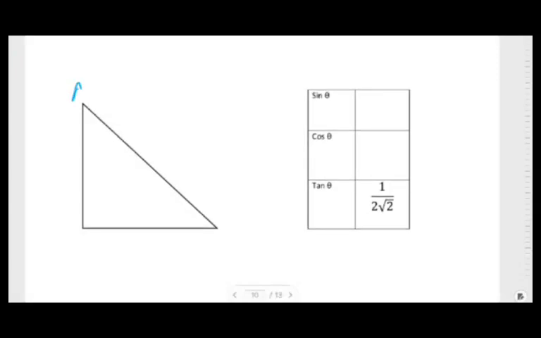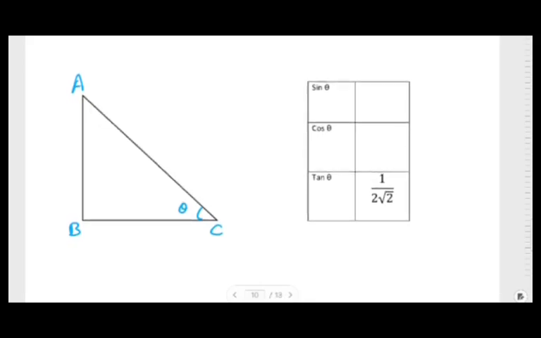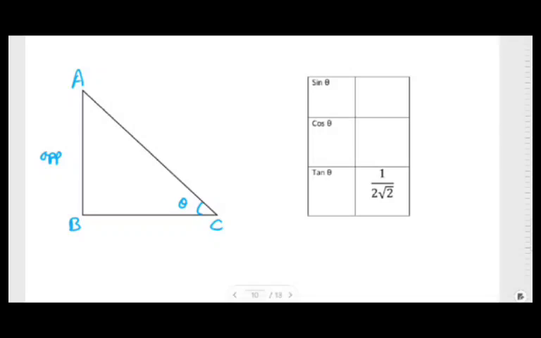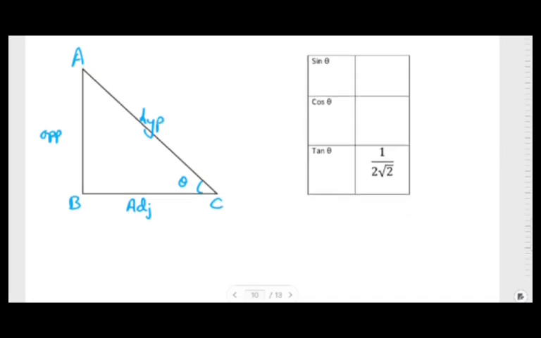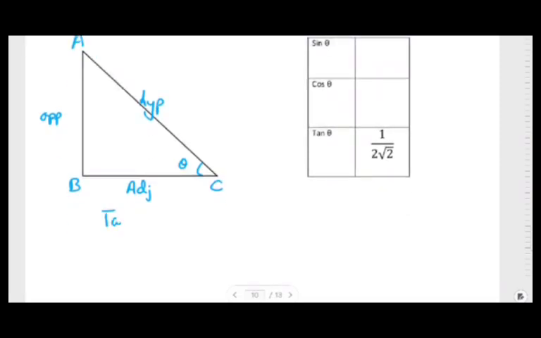Last sum of the day, children. Alright. This is my opposite. Adjacent. Hypotenuse. Okay. Tan theta. So TOA applies.